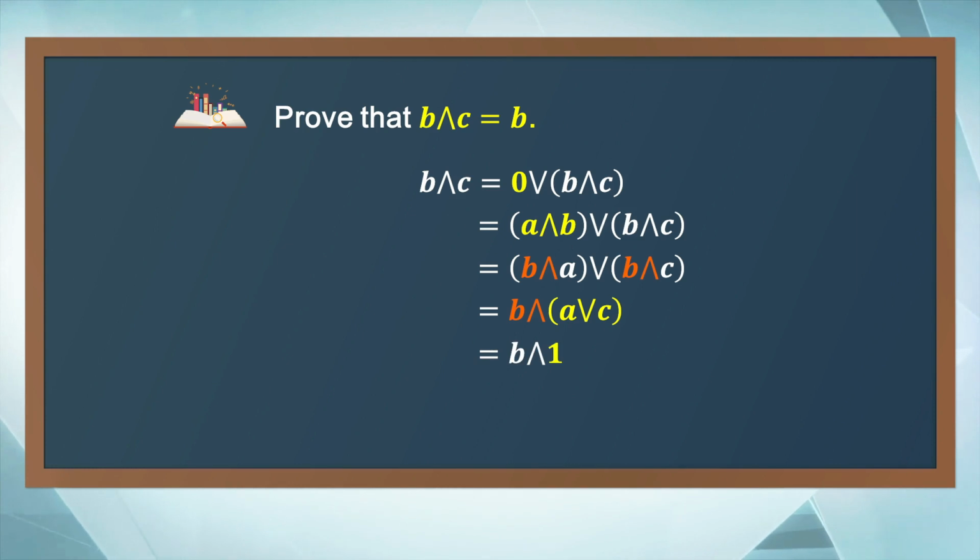Replace the join of A and C with 1, as C is a complement of A. The join of A and C equals 1. By the definition of the greatest element, as 1 is the greatest element, the meet of B and 1 equals B. Now we have shown that the meet of B and C equals B.